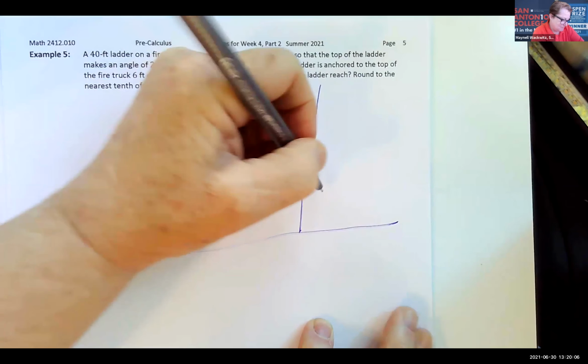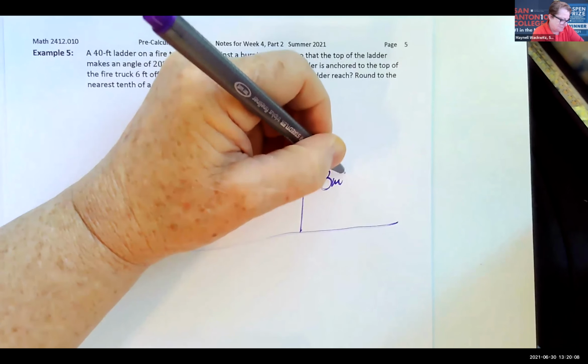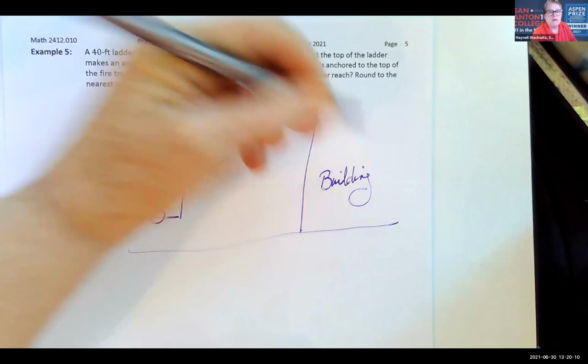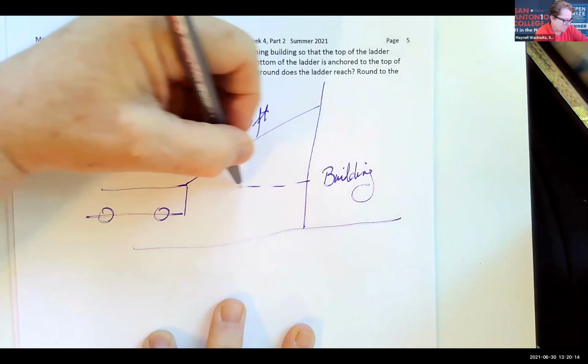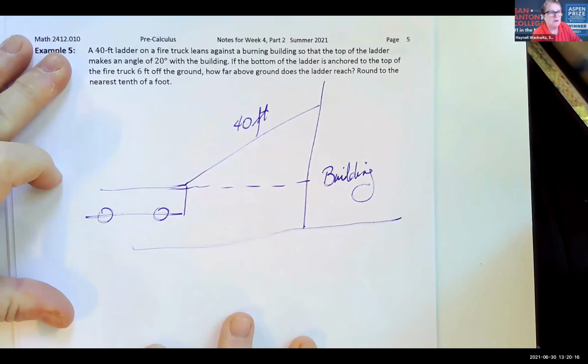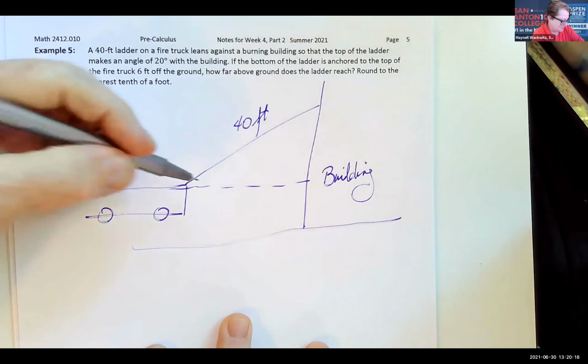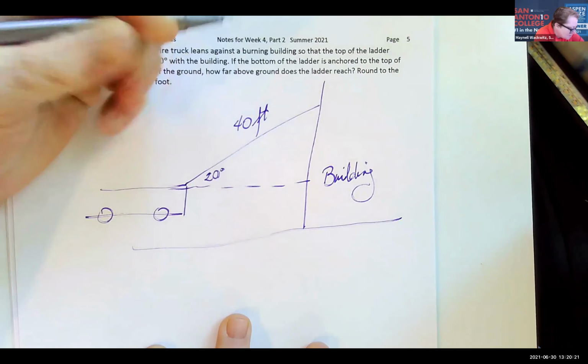And here's the building. So we know that the angle with respect to the ground of the ladder is 20 degrees.